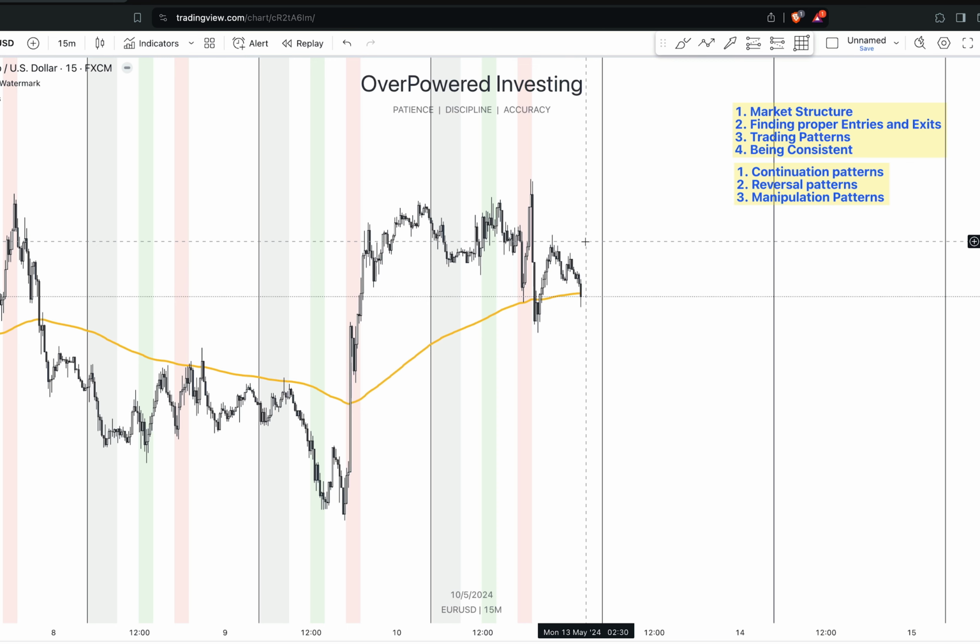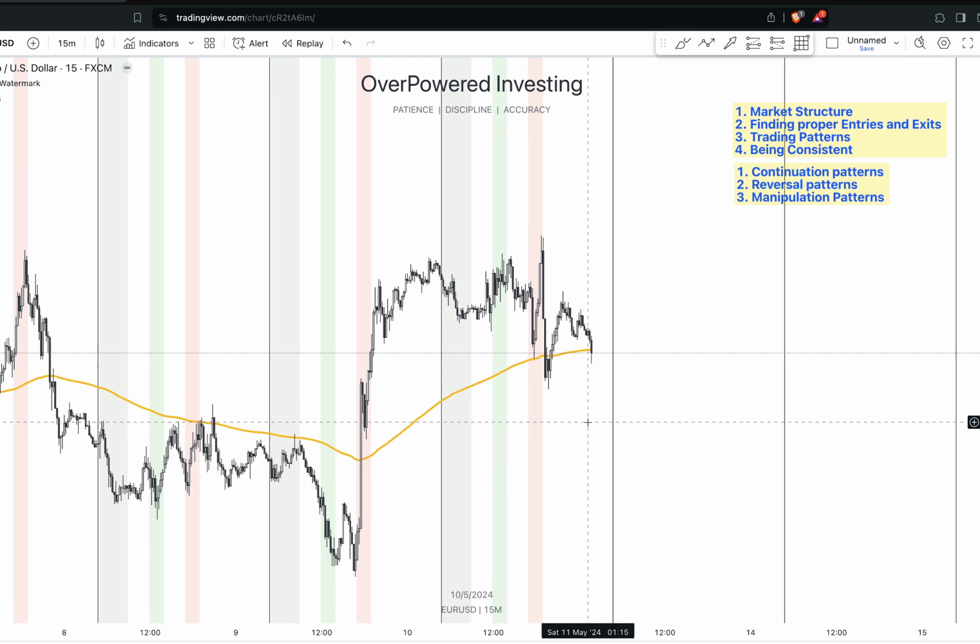So the next one is being consistent with the risk that you take. For example, if you're going to risk 1% here and after that you're going to risk 10% on the next trade, just imagine you won the first trade, you've made 3R and you've made like 3% return. And on the next trade you've got overconfident and you've risked 10% on the trade, and that one was a loss.